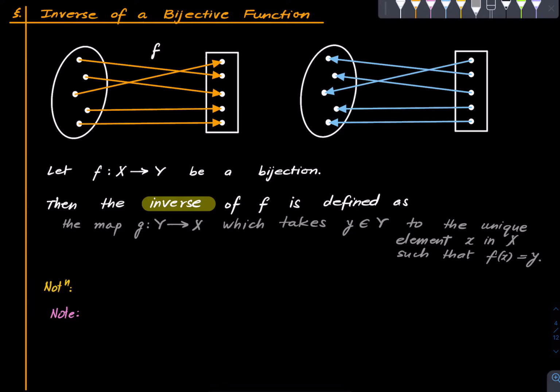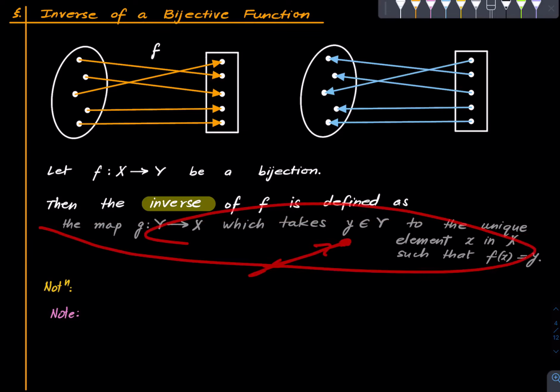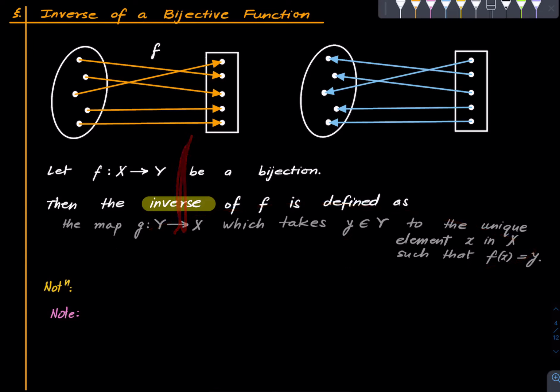That's the notion of inverse. So basically, it's just formalizing the arrow reversal thing. You just find the arrow that is getting into y and reverse it. That's all this is saying. I'm sure you can correlate with the picture.